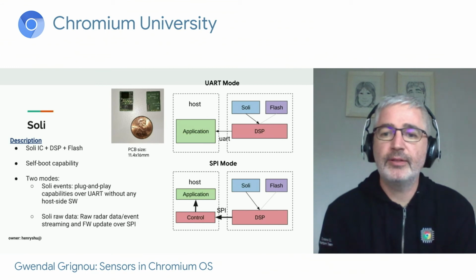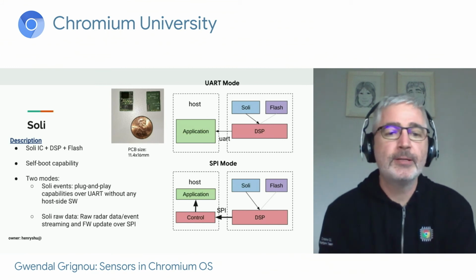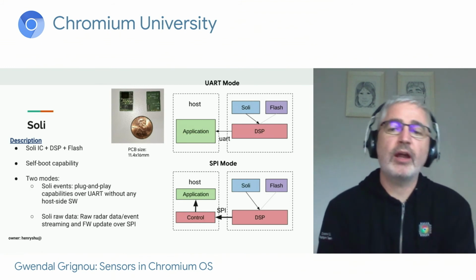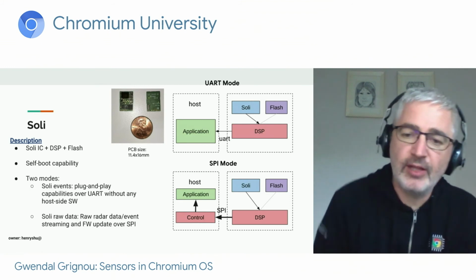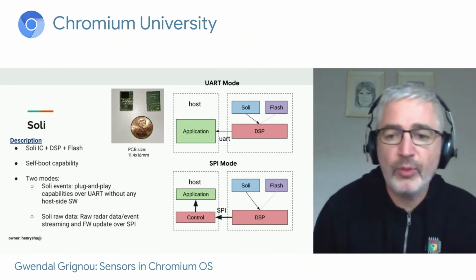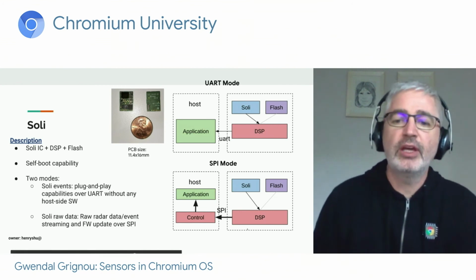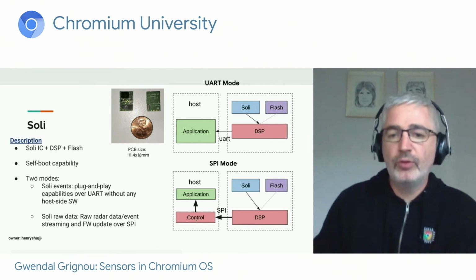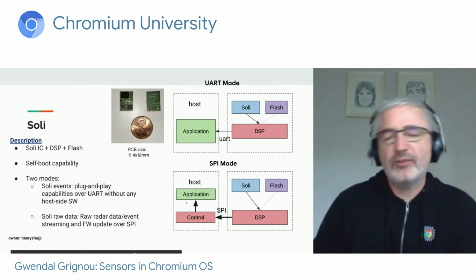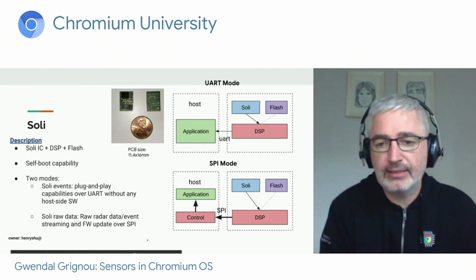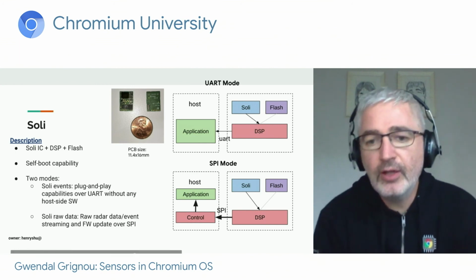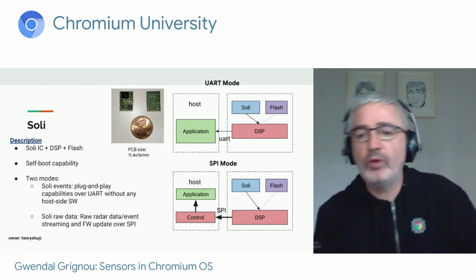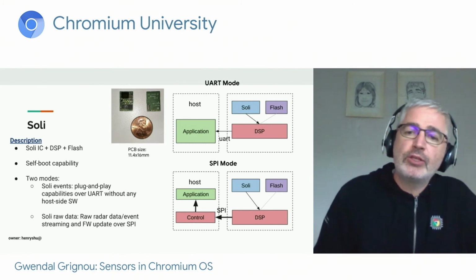If you are in the learning mode, then you use a different interface and much more bandwidth, and you collect raw information from the SOLI itself. You have a control application, and then a different application to process that data and calculate a new inference engine that you put back into the DSP.